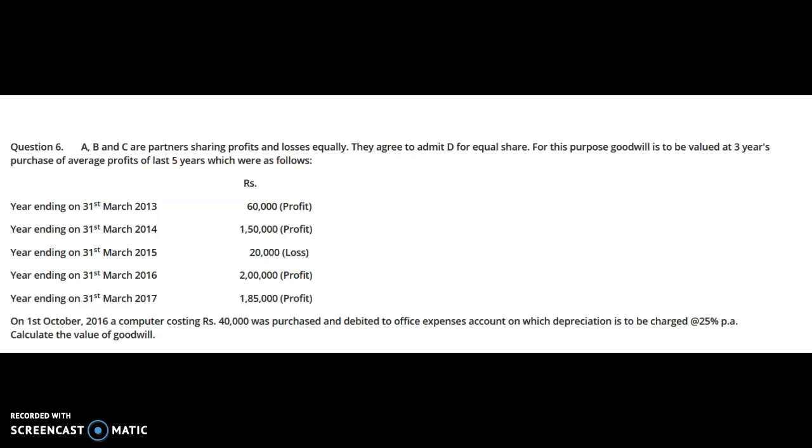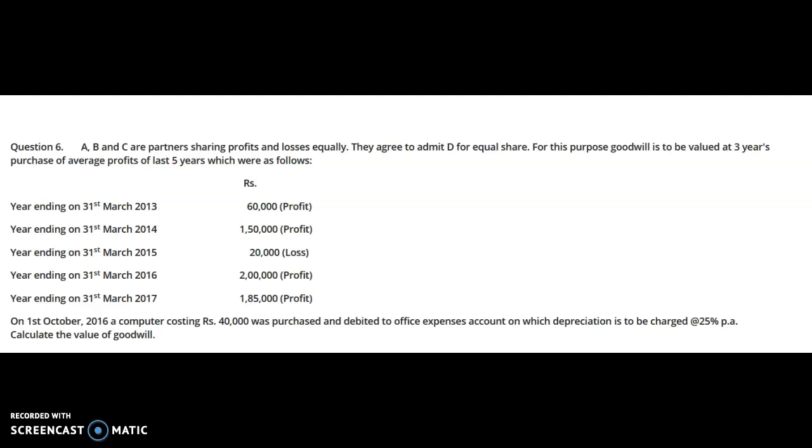Now, dear students, understand a very important element here. This is an item which has not been adjusted accurately. Now what is the accurate adjustment here?